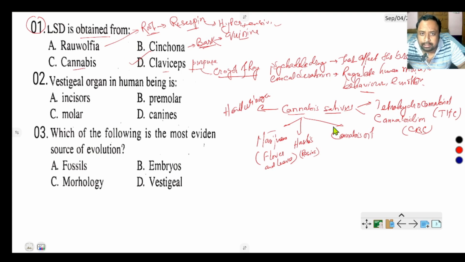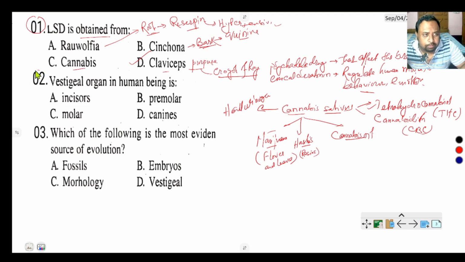Cannabis sativus is also called the hemp plant. It produces different types of hallucinogenic drugs like marijuana, hashish, cannabis oil, etc. Cannabis sativus contains biochemical compounds like tetrahydrocannabinol and cannabidiol, CBD.